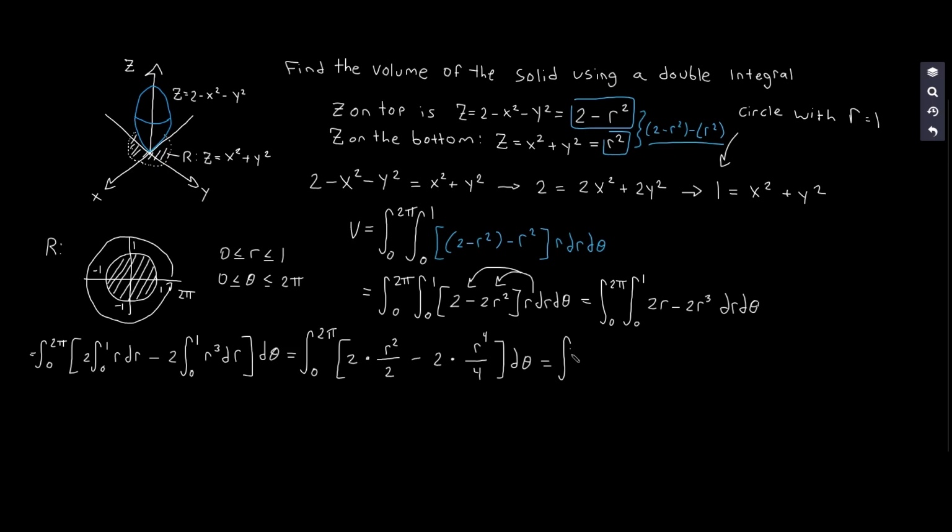So, almost forgot, this is going to be evaluated for r equals 0 to r equals 1, d theta. So then this is going to become the integral from 0 to 2 pi. What is this?